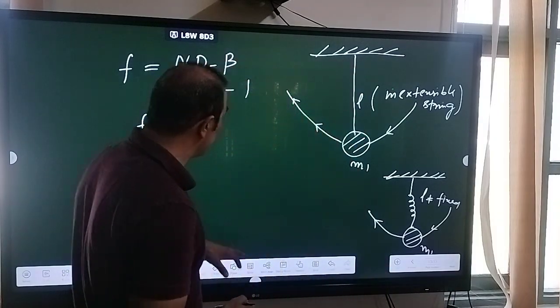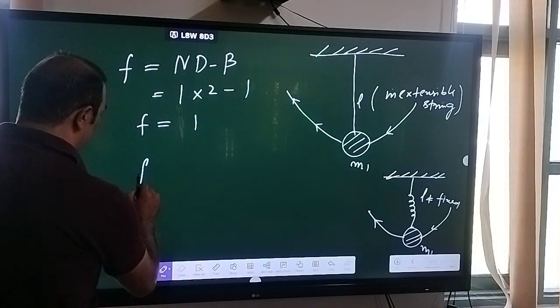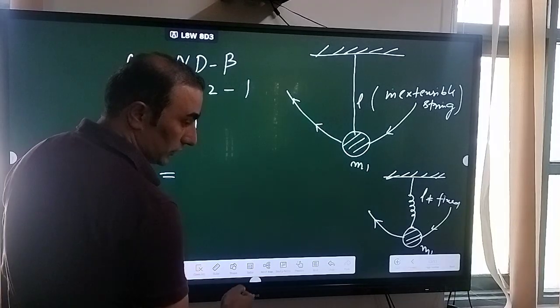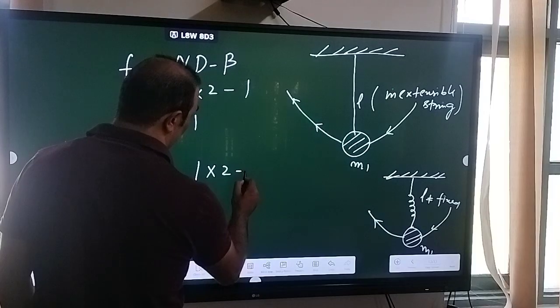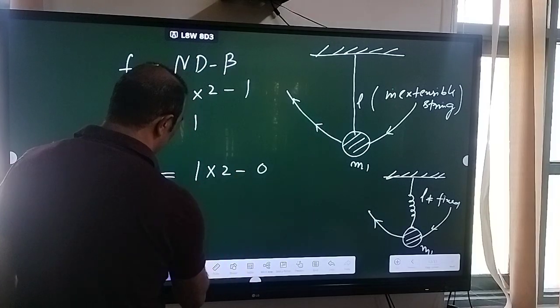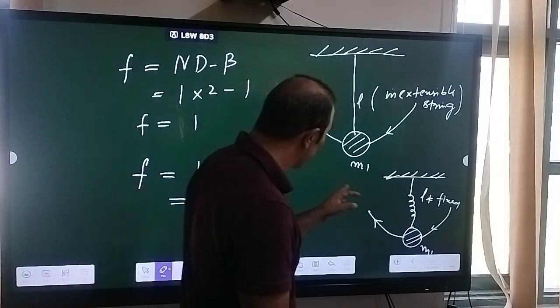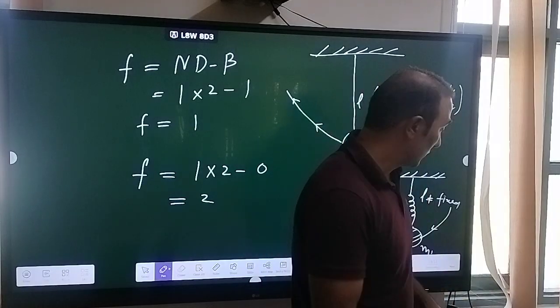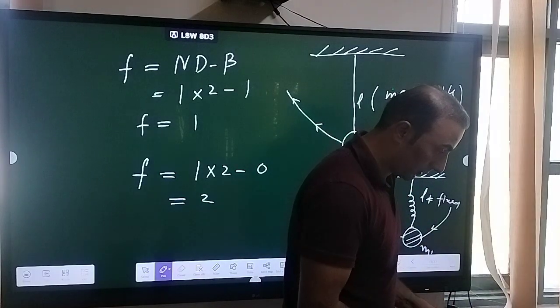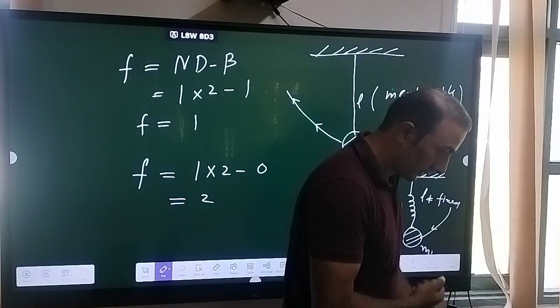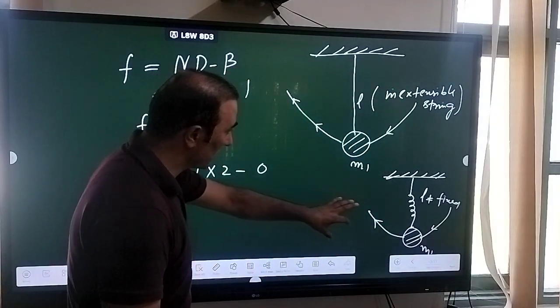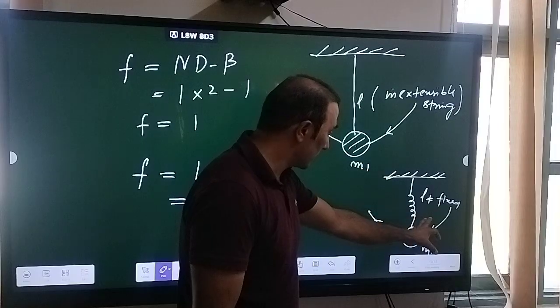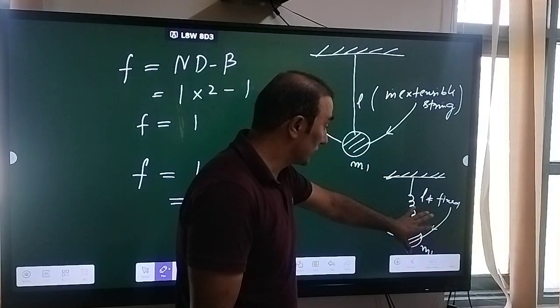So you can say that in this case our F will be equal to 1 into 2 minus 0 because this will be 2. Why am I saying that there is no constraint? Sorry, what I wrote here. Okay. So here, what I said is that this L is not fixed.